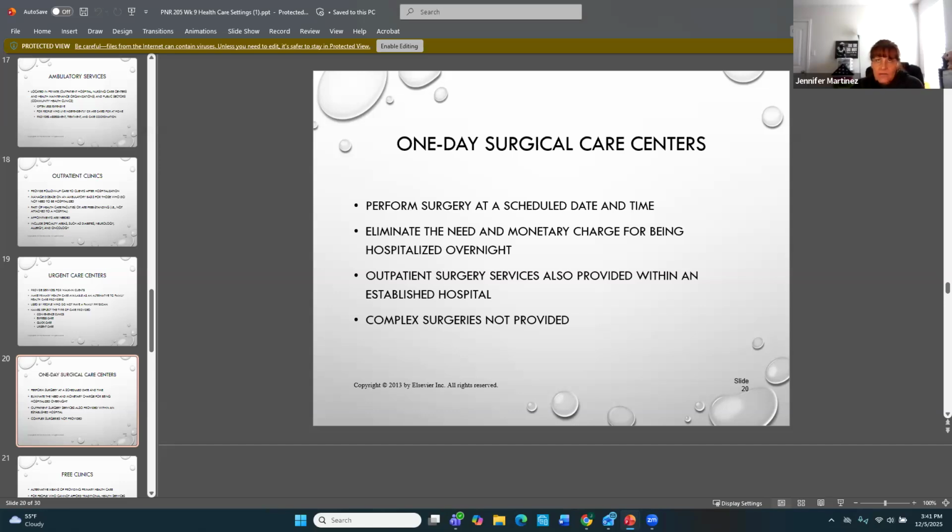Sometimes hospitals, and again, it depends on what your area is, will have both an outpatient surgery center and an inpatient surgery center. With outpatient, you go in the morning, get your surgery, and go home at the end of the day. The inpatient surgery is usually for somebody who is going to be required to stay in the hospital for whatever period of time afterwards. So it really just depends on what type of surgery the person is having.